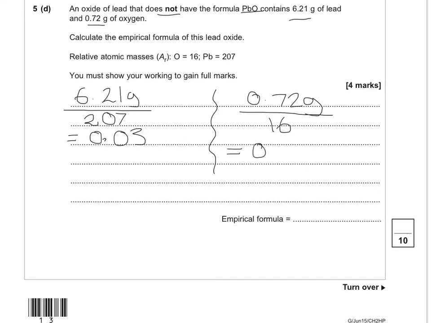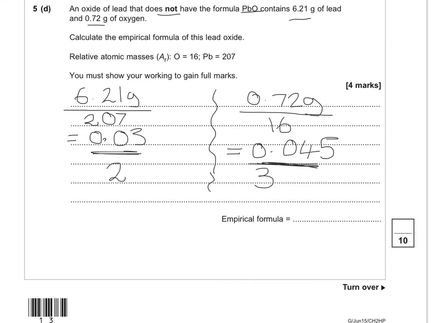That gives you 0.045. Now obviously we can't really have 0.03 of an atom and 0.045 of an atom. So what you have to do is find the simplest whole number ratio. So what you would do for this one is work out the ratio between these two numbers as a whole number. And it comes out at 2 to 3.